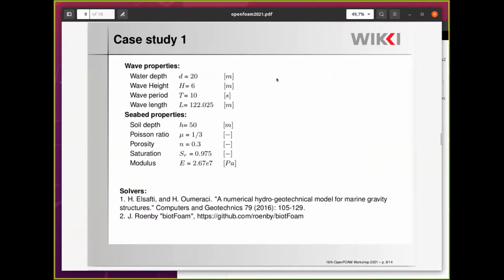These are the properties that I used to validate the model. I used a water depth of 20 meters, wave height 6 meters, time period 10 seconds, and wavelength of 122 meters. The seabed properties were a soil depth of 50 meters, Poisson ratio 1/3, porosity 0.3, degree of saturation 0.975, and modulus of 26 million.